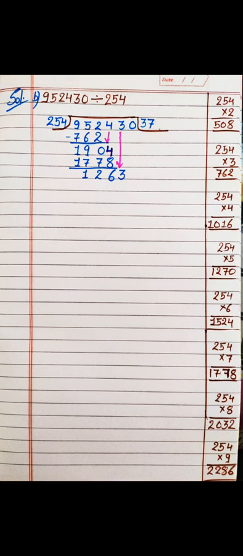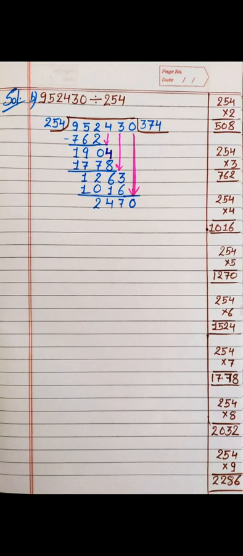After subtraction we get 126, and we bring down the next digit. Then again we can take 254 times 4, that is 1016, because 254 times 5 is greater. After subtracting we get 247, and then we bring down the next number, 0.